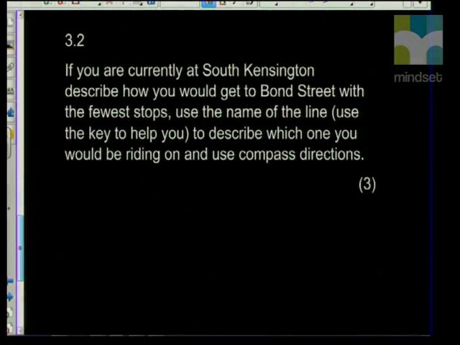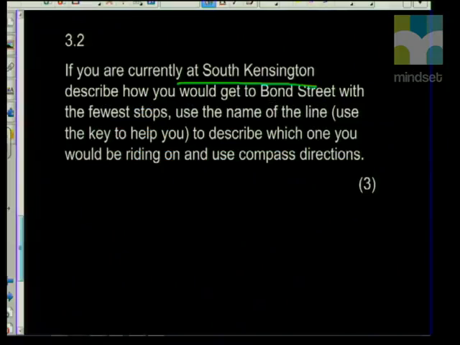Alright, then you get a little bit harder, and this is where we have to actually describe how to get from one place to the next. If you're currently at South Kensington, so that's the station you're at the moment, and you had to describe how to get to Bond Street. Imagine you were lost, you were given this map, and now you had to decide how do I get from the one to the next, and give the instructions.